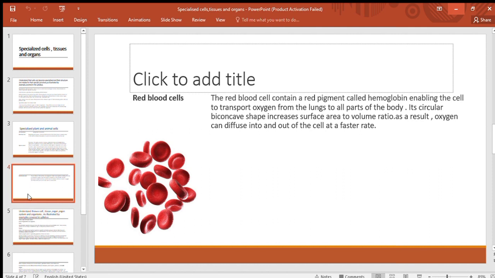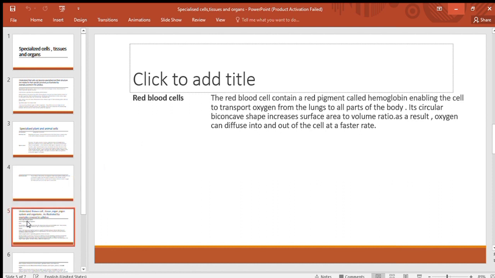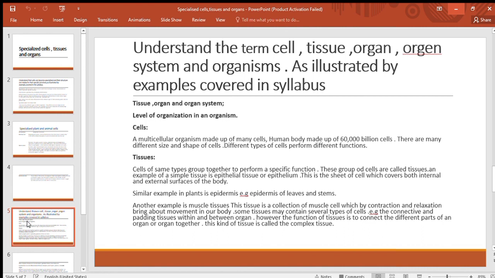Now we discuss the second part, which is to understand the terms cell, tissue, organ, system and organism. Basically, now we discuss the levels of organization in an organism. All organisms are made up of cells.